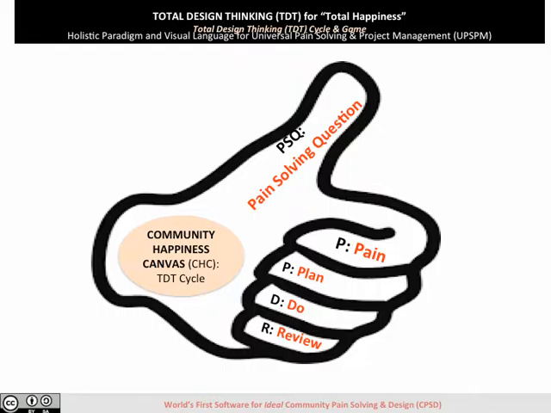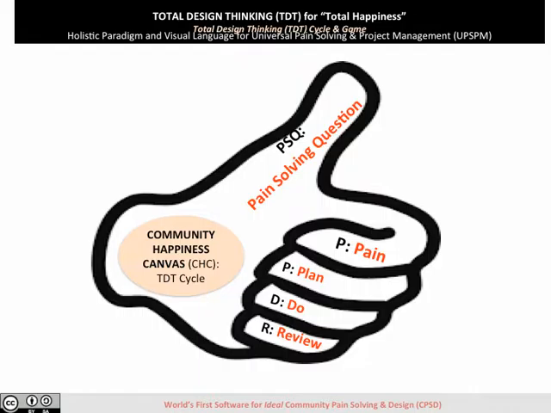So as I said before, the community happiness canvas has a two-part structure. It's a question and answer structure. The question deals with the pain solving question, which in this case is represented by the thumb.